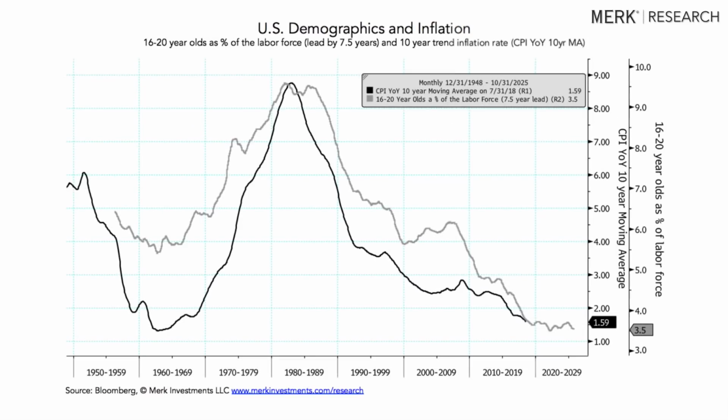Then a longer-term, bigger picture for demographics and inflation. So this shows the gray line here as the 16 to 20-year-old age group as a percent of the labor force, led by 7.5 years, as well as the black line being the CPI year-over-year 10-year moving average of that inflation reading.